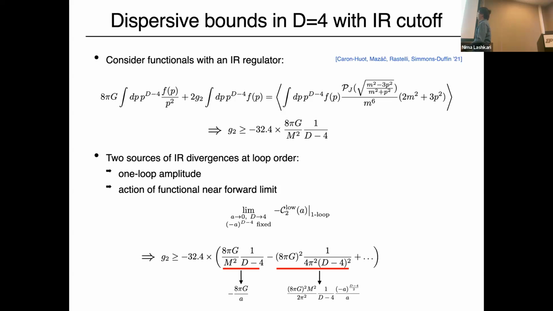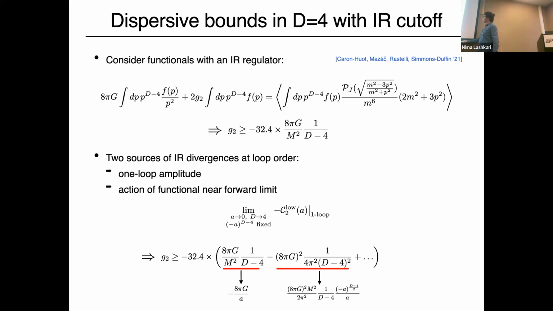And at one loop, there are two sources of IR divergences. There are IR divergences in the amplitude itself. The one loop amplitude in 4D has IR divergence. And also the action of this functional, when you act it on the one loop amplitude, also has IR divergences near the p equals 0 limit.